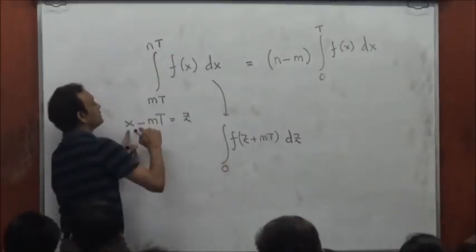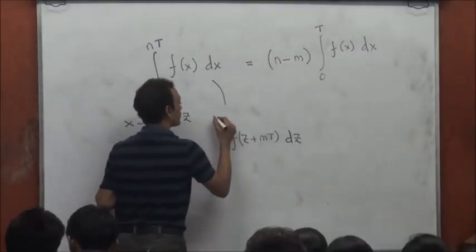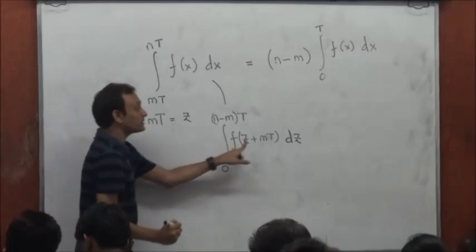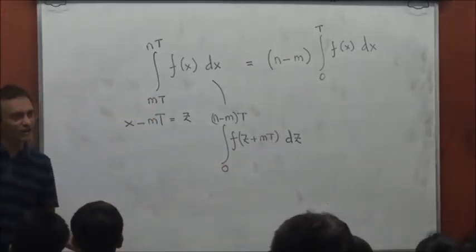When x is nt, z is (n minus m) times t. But f of (z plus mt) is the same as f of z, because t is the period of the function.